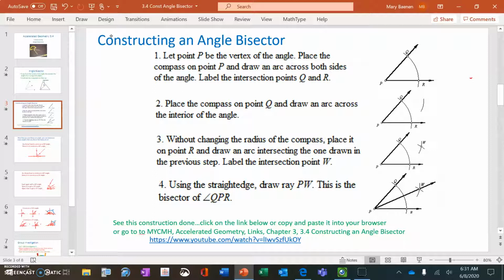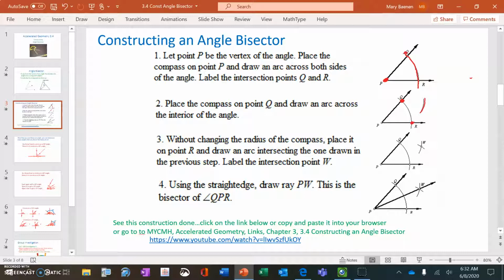The first thing you do is you stab in at the vertex and you draw an arc that crosses both sides of the angle. And then that creates 2 intersection points here and here. So from one of the intersection points, you open up your compass, any opening that you want, and make an arc inside the angle.